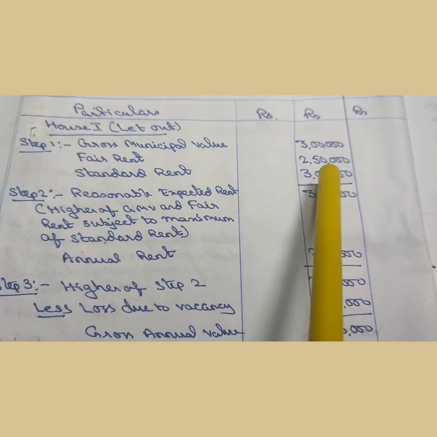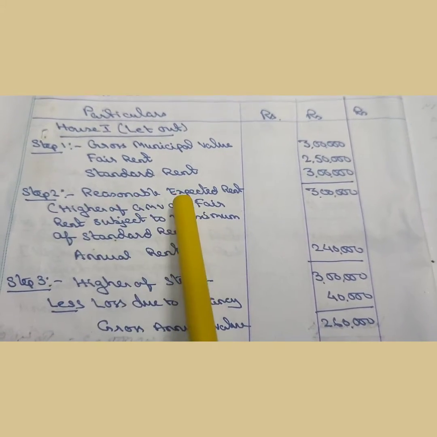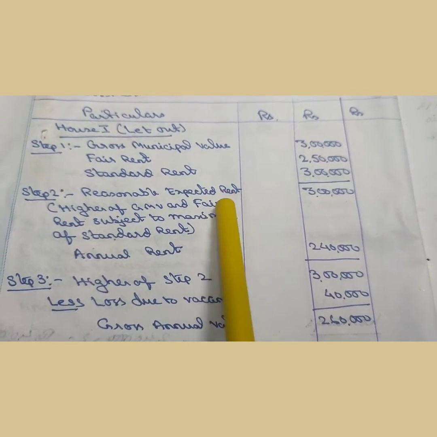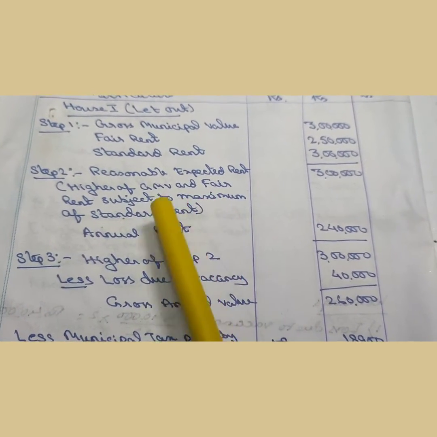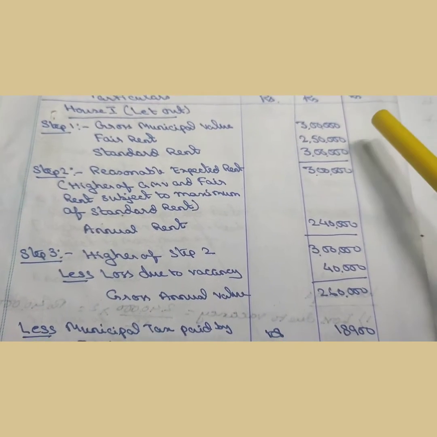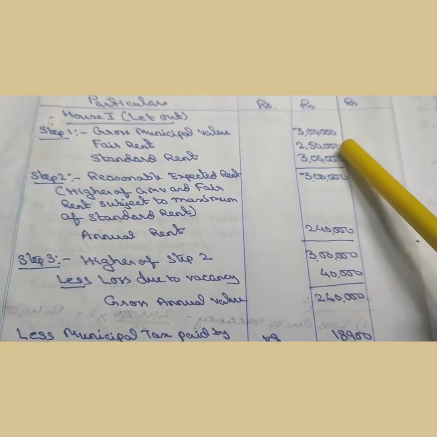By comparing these 3, we came to step 2, that is called reasonable expected rent. And what is that? That is the higher of GMV and fair rent subject to maximum of standard rent. Now here gross municipal value is 3 lakh, fair rent is 2,50,000.